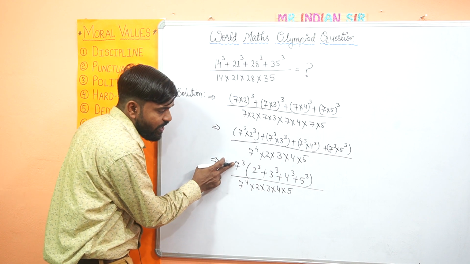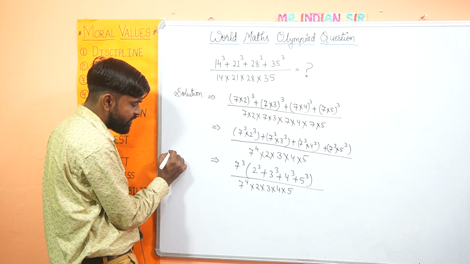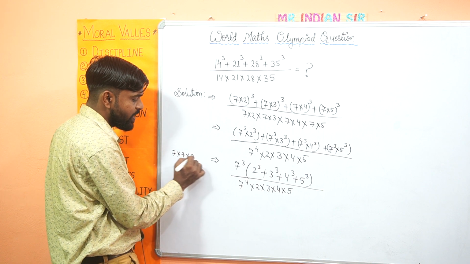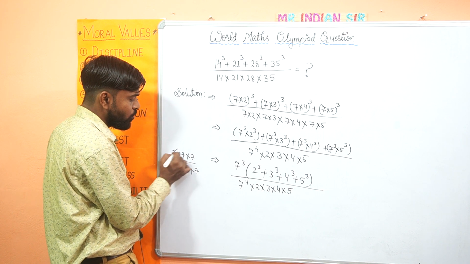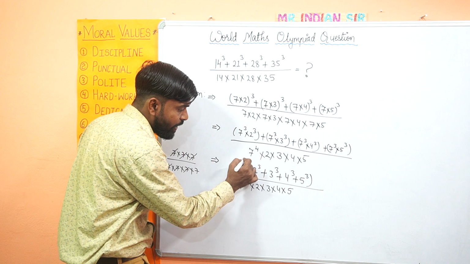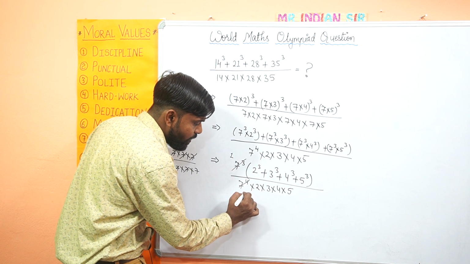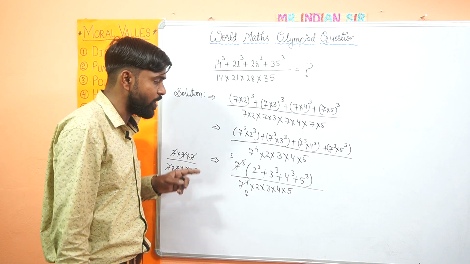Now we have 7 to the power 3 in the numerator and 7 to the power 4 in the denominator. This means 7 into 7 into 7, and in the denominator 7 into 7 into 7 into 7. So 3 times 7 will get cut, and 1 times 7 will be remaining. I have simplified this one here also.